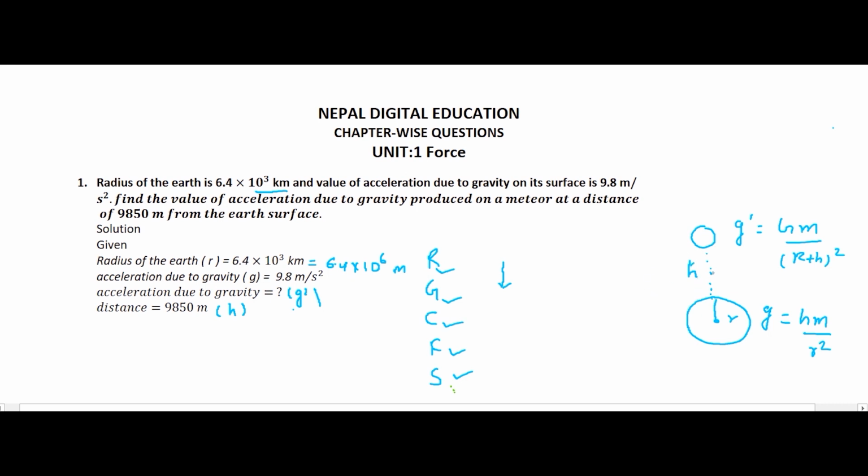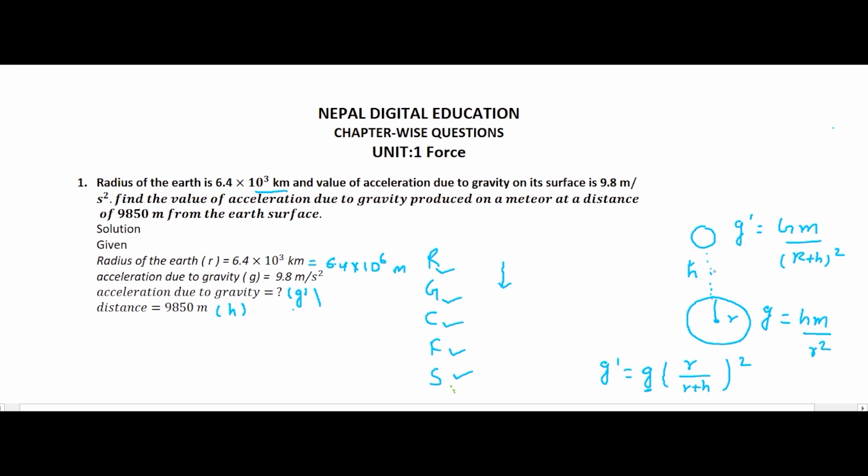When we divide both, we will get g dash equal to g into (r by r plus h) whole square, where this g dash is the acceleration due to gravity at a certain height from the earth surface, this g is the acceleration due to gravity at the surface of the earth, r is the radius and h is the height from the surface of the earth.